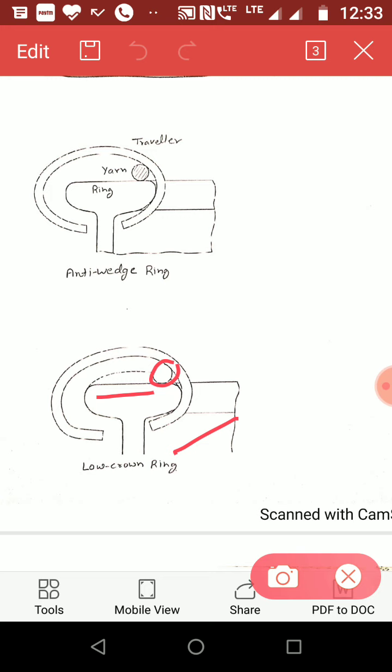In comparison with the anti-wedge ring, the low crown ring has the advantages that the space provided for the passage of yarn is somewhat larger and that all current traveler shapes can be applied. The low crown ring is today the most widely used ring form and is offered by well-known firms such as Rieter, etc.